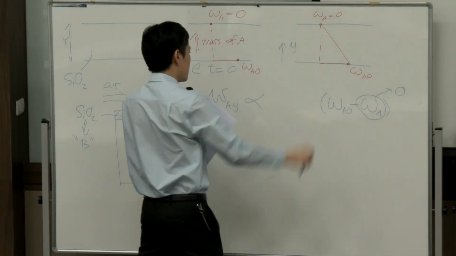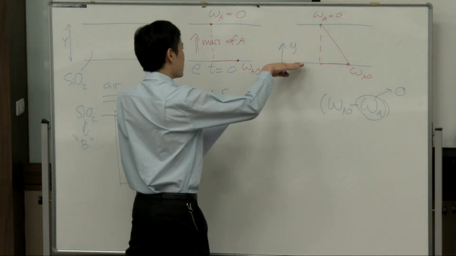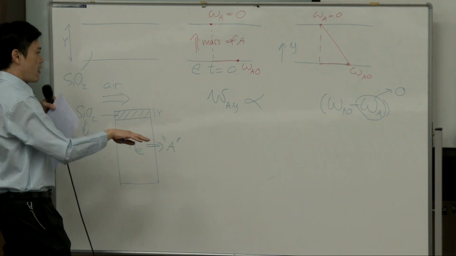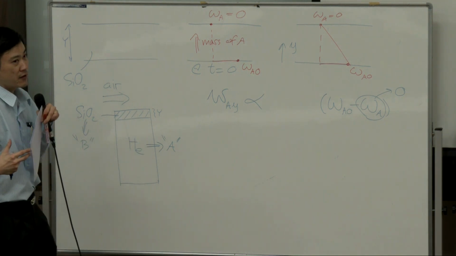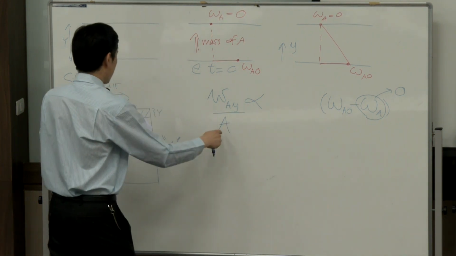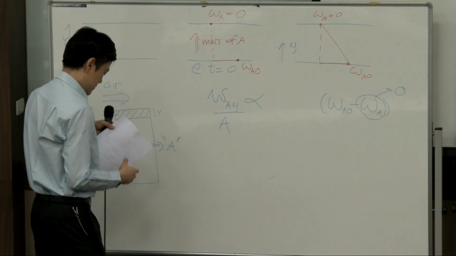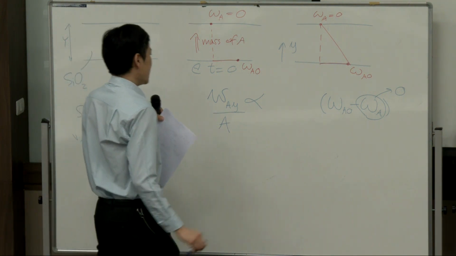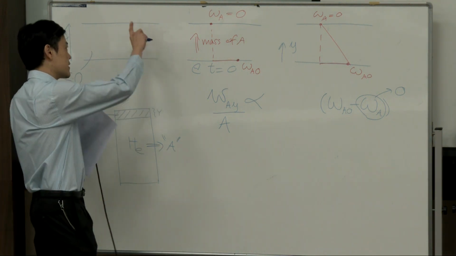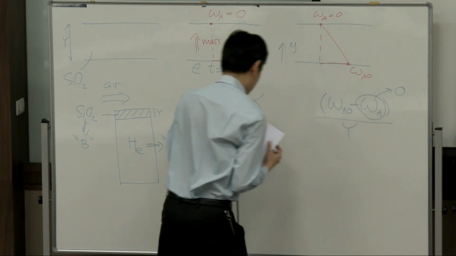We keep this one at 0. It is inversely proportional to the size of the slab. If the size here is really large, the mass flow rate will be really small. So it is inversely proportional if I put the area of the slab down there. It is also inversely proportional to the thickness of the slab, y. So y would be down there.